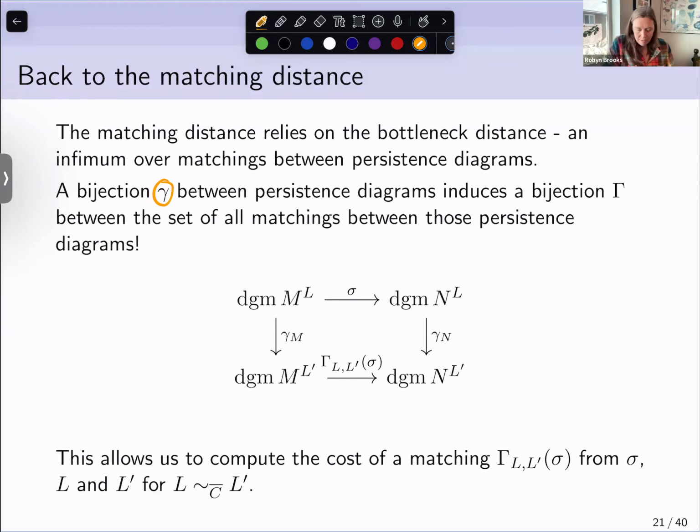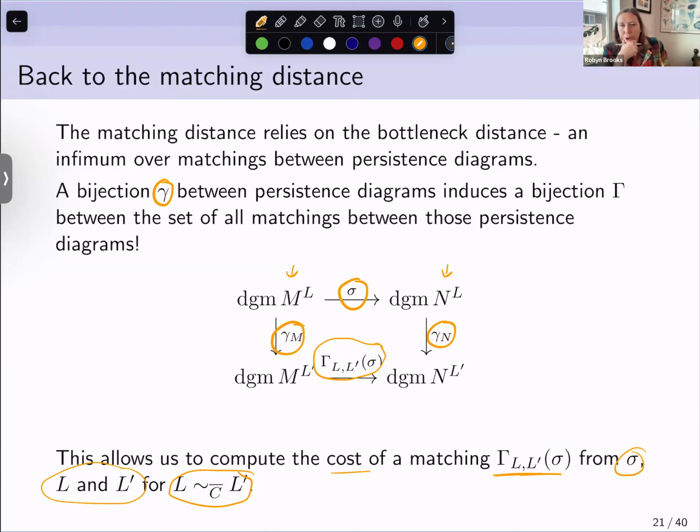So if I have two equivalent lines, L and L prime, and a matching between the persistence diagrams of M_L and N_L, I can use the bijections between the diagrams with respect to M and with respect to N to obtain a matching between the restricted diagrams along L prime for M and N. Okay, so I can get this matching, and even nicer, this bijection between matchings also allows me to compute the cost of that new matching from the original and from information about L and L prime.